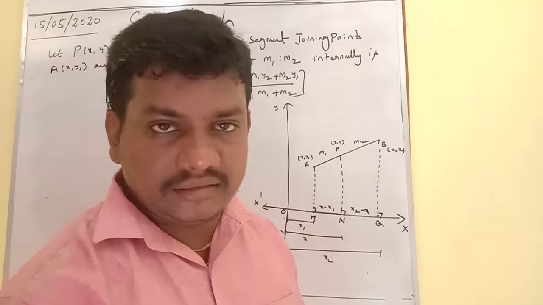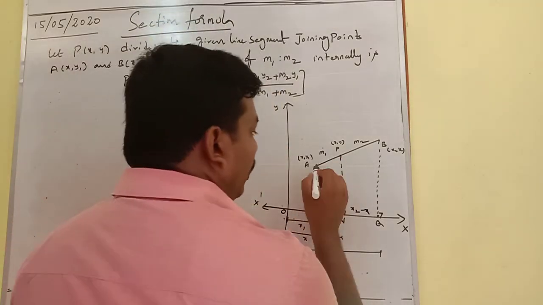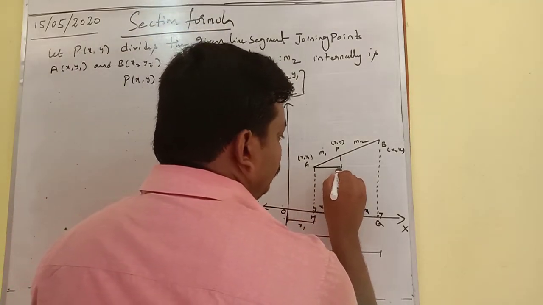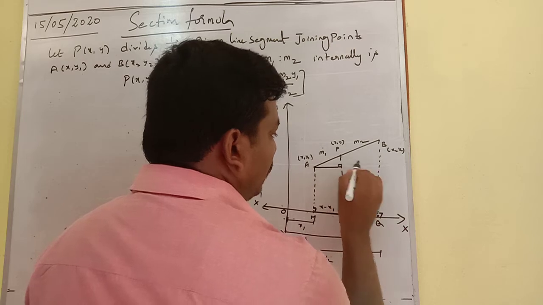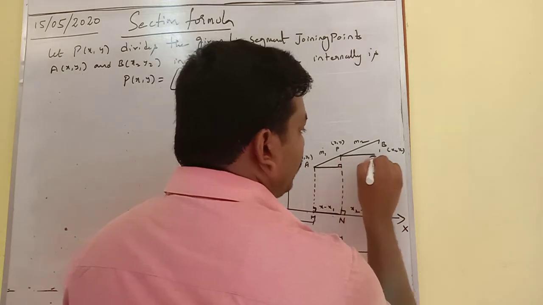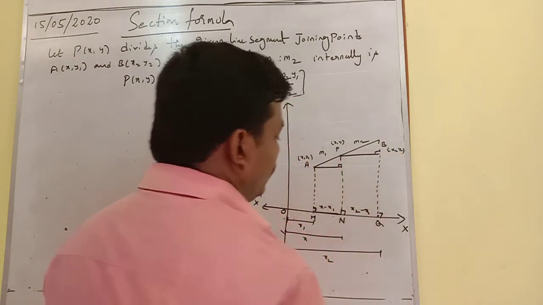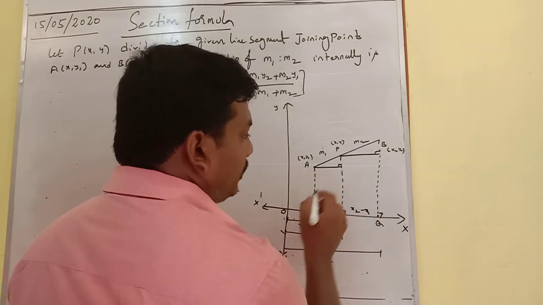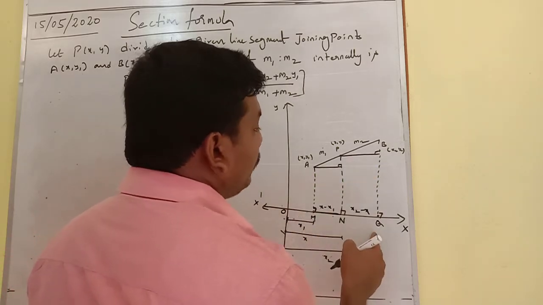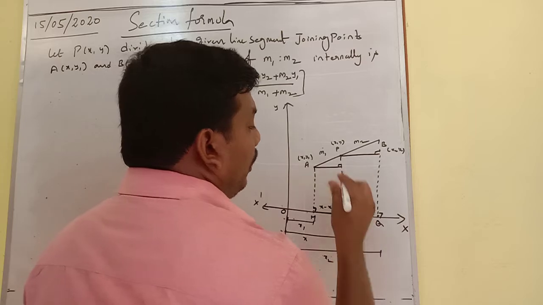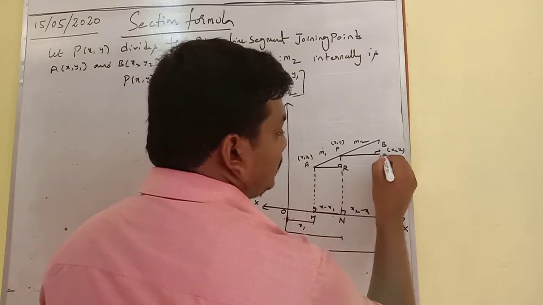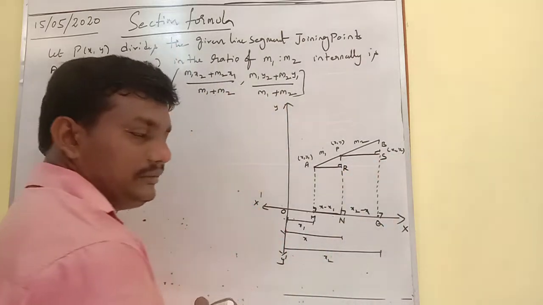X2 minus x. Now if you draw a perpendicular from here to PN, and a perpendicular from here to QB, suppose these points are R and S. We have taken R and S points.